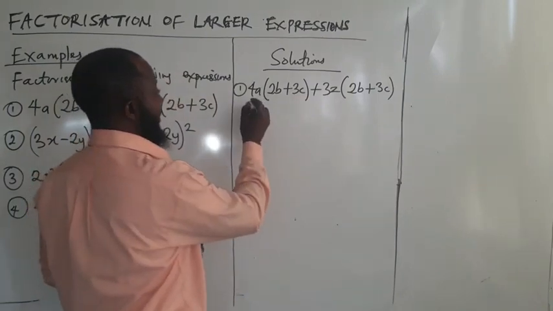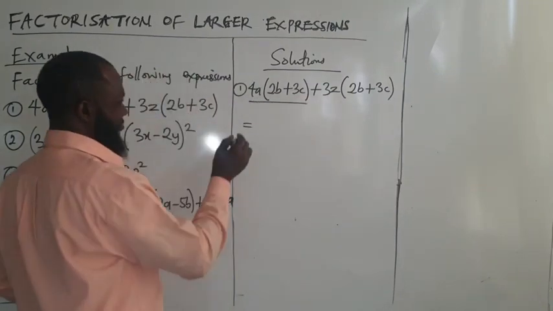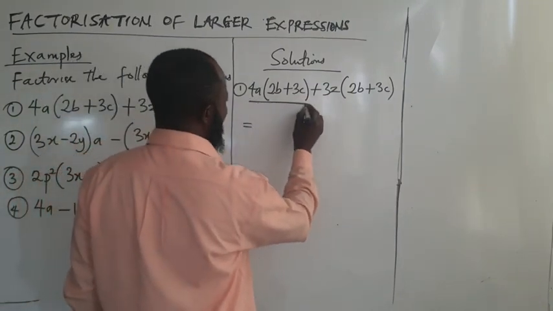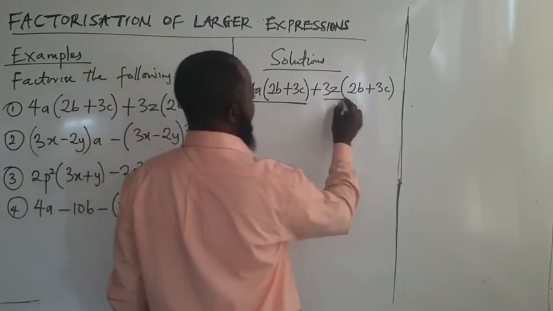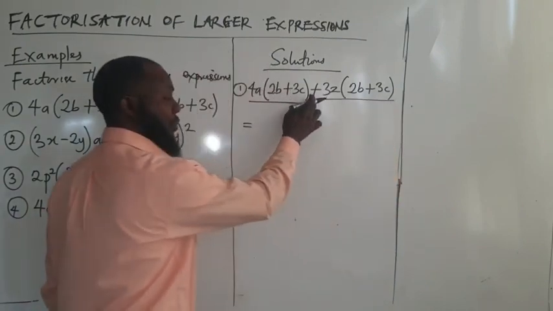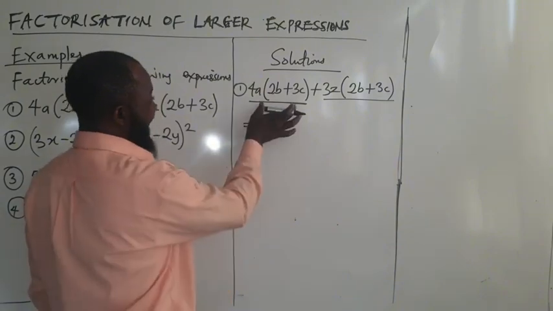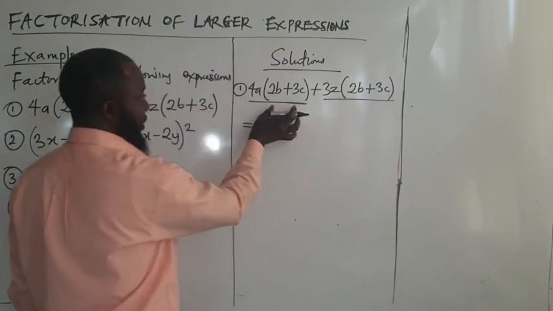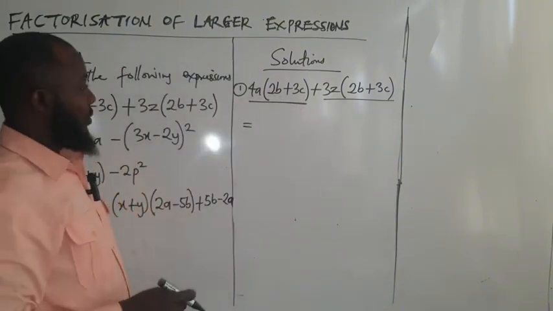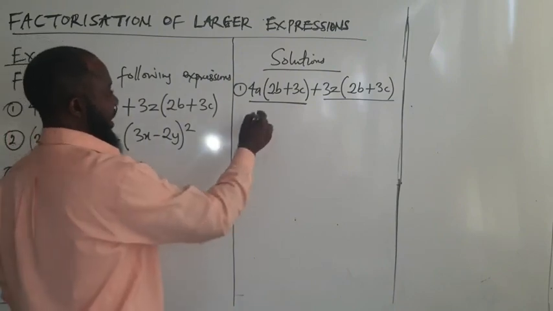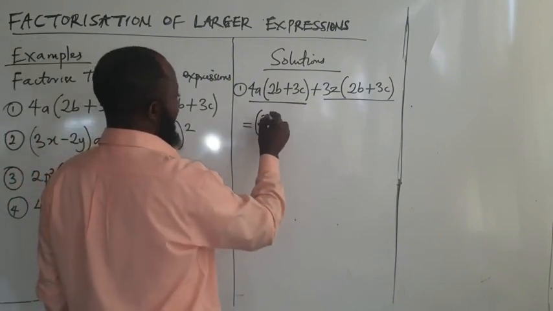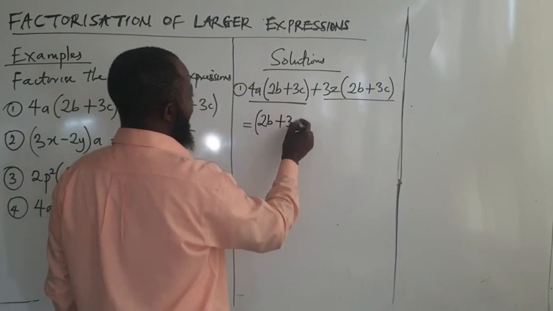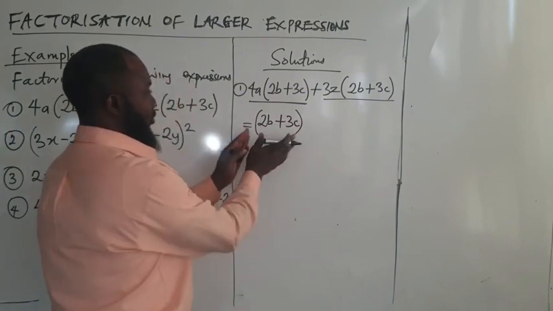From here to here is a term, and from here to here is another term, being separated by plus. So what is common to this term and this term is what we have inside the bracket. In that case, we bring out what we have inside the bracket. That is going to be 2b plus 3c. So that is what is common.